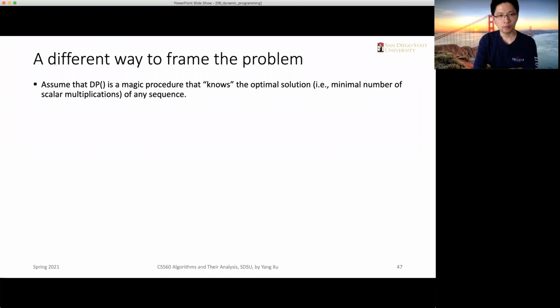Now we imagine there's some magic procedure or magic function called DP, or whatever name you give it. It's a function that knows the solution to the original problem, which in this case is the minimal number of scalar multiplications for any sequence. Okay, so we can imagine that.